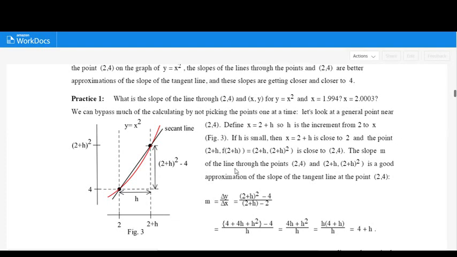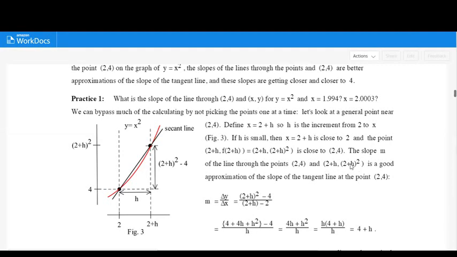So the slope m of the line through the points (2, 4) and (2 plus h, (2 plus h) squared) is a good approximation of the slope of the tangent line at the point (2, 4). Now we have this formula for the slope: increment of y over increment of x, using these points, this is our point 1, here is our point 2.